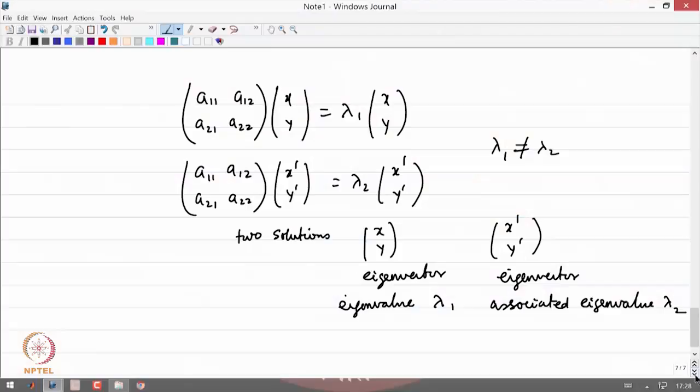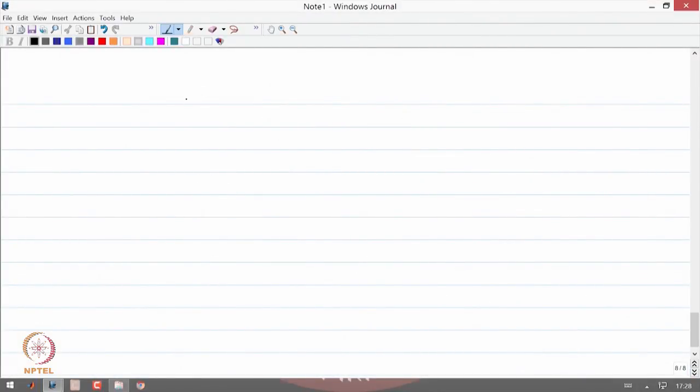Now, having done this, what are the eigenvectors? How do we get x and y? How do we get x prime and y prime?